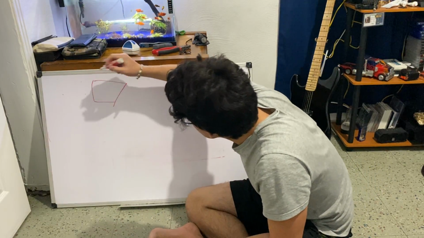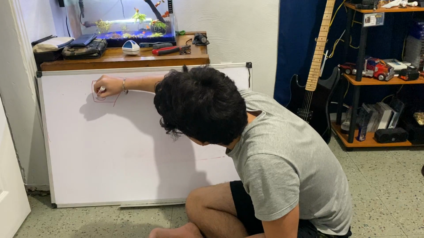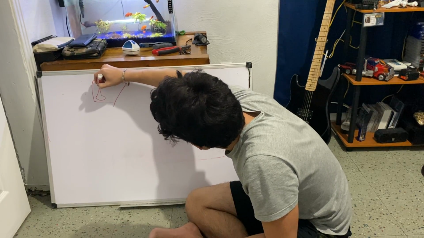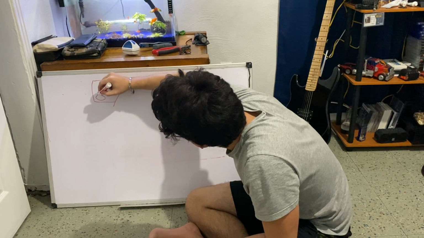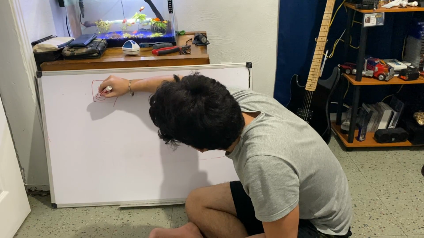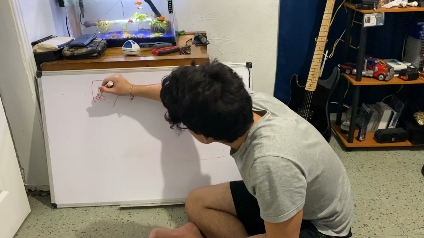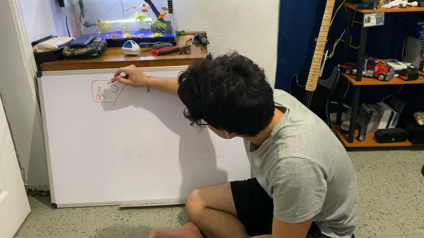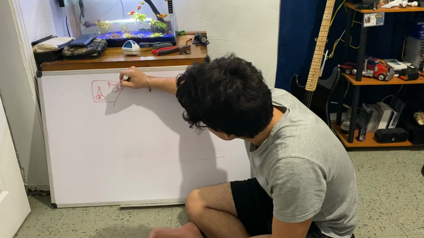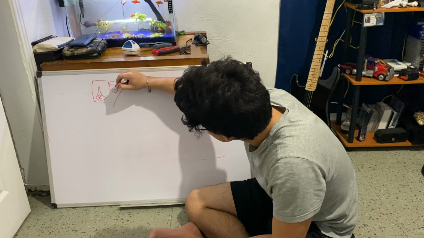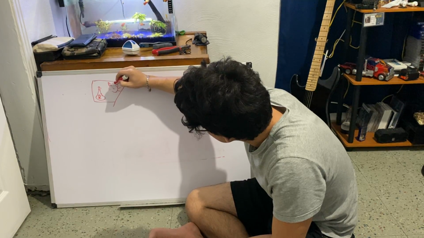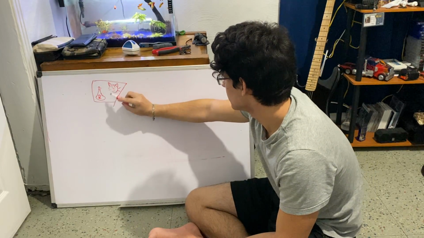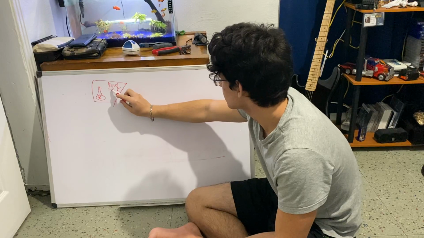Basically one box, a potion here, and you have a cat inside here. And that cat can die, basically. There's a timer.